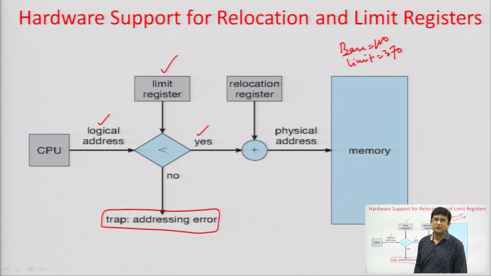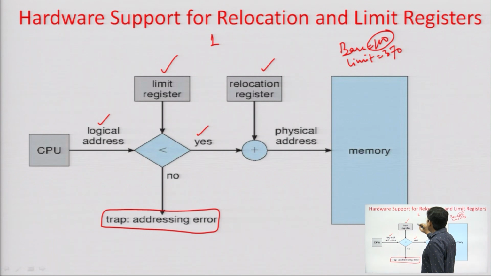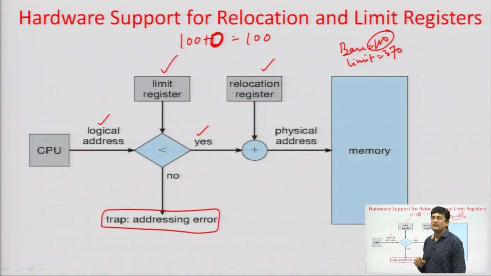I already discussed the trap last time. Now, if all is well, let us add the base register to this CPU address, which will give us the physical address. For example, the base address is 100. If I am referring to the first instruction, the address will be 0. So, I should add 100 to this such that I get the first instruction at address 100.